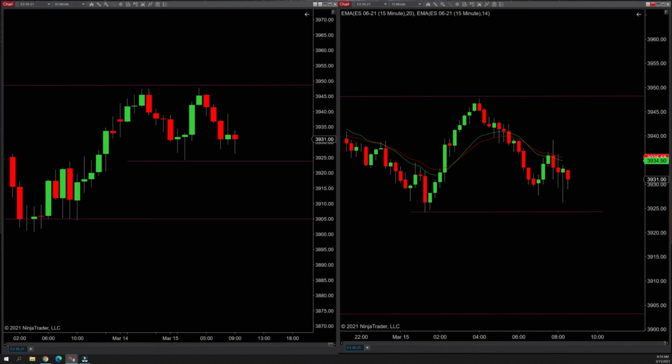That's what I'm looking for this morning. They're not really tracking each other very well this morning, which isn't uncommon either. But when the trade opportunity comes along, it'll be very clear for me.